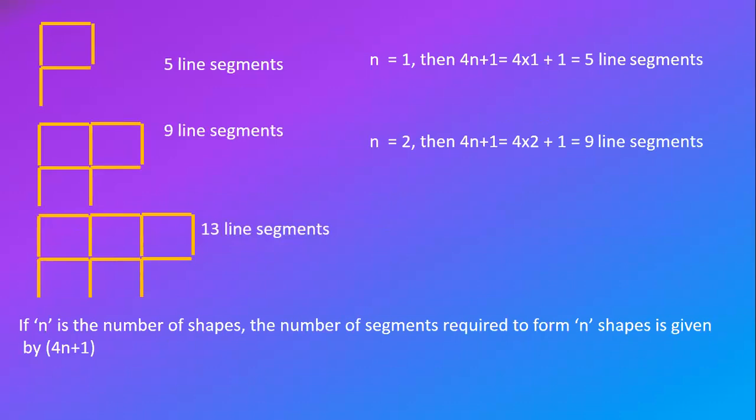Similarly, if n is equal to 2, then 4n plus 1 will be equal to 9 line segments, and if n is equal to 3, then 4n plus 1 will be equal to 13 line segments. So, in general, the number of line segments required to make the shapes is given by the algebraic expression 4n plus 1, where n is the number of shapes.